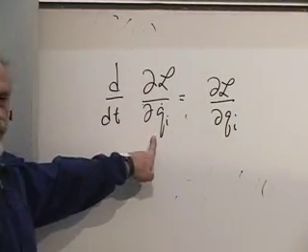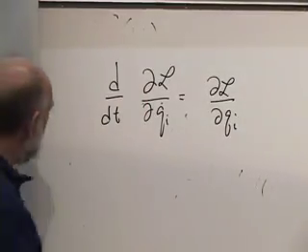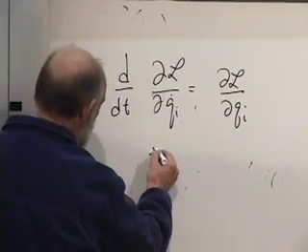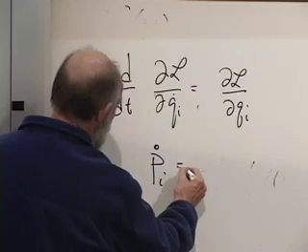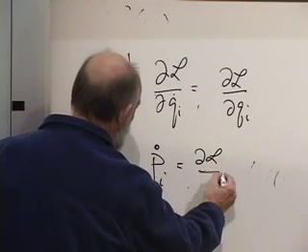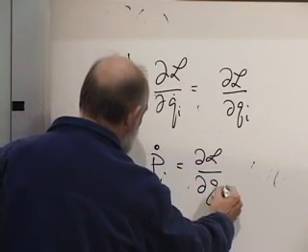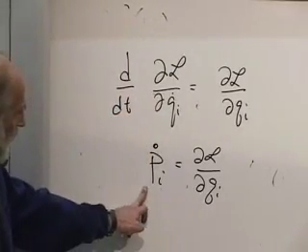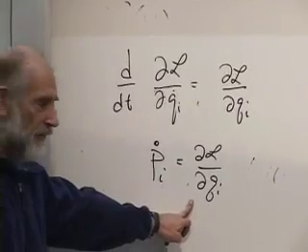What's dL by dq dot? P. So the left-hand side is p dot I is equal to dL by dq sub I. That's all it says. That the time derivative of the canonical momentum is dL by dq.